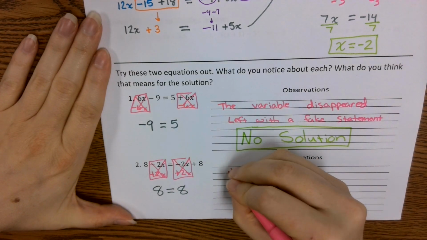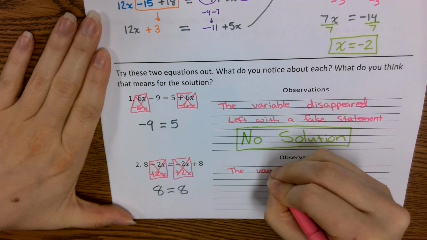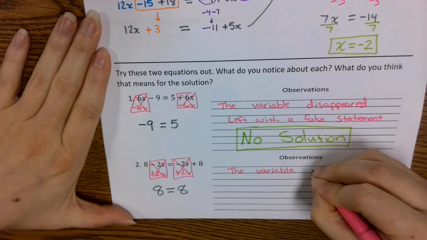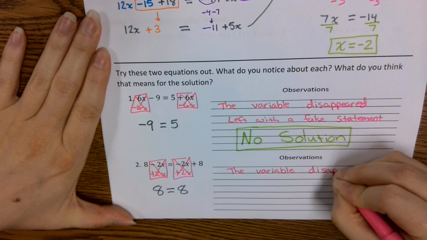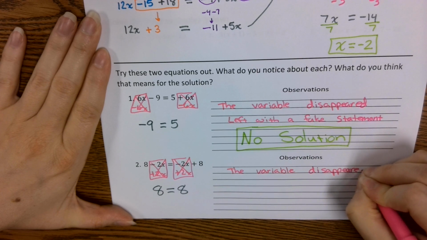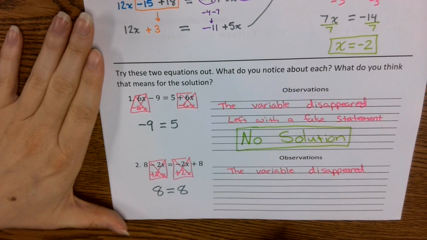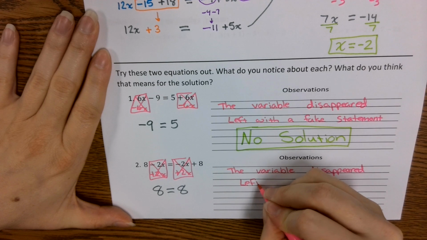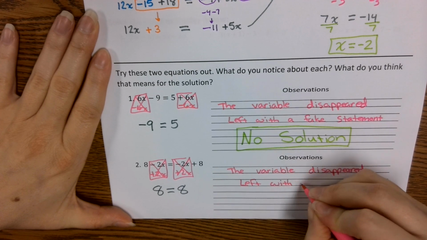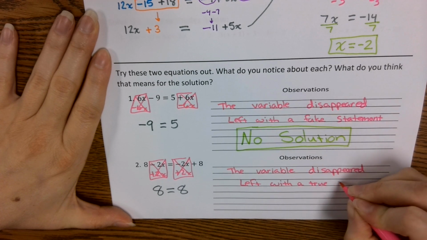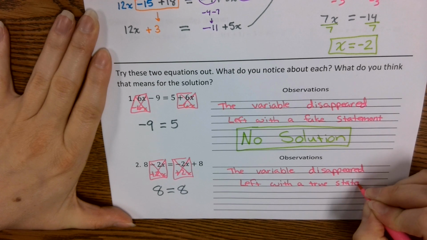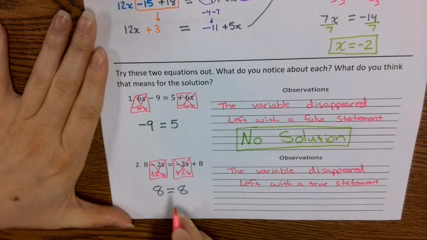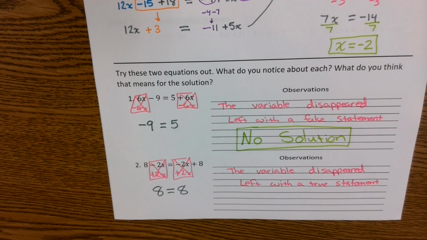Again, the variable canceled out. Same process. The variable disappears. But this time we're left with a statement that is true, isn't it? We are left with a true statement that whatever was on the left side is equal to whatever is on the right side. So this time we do have a solution.